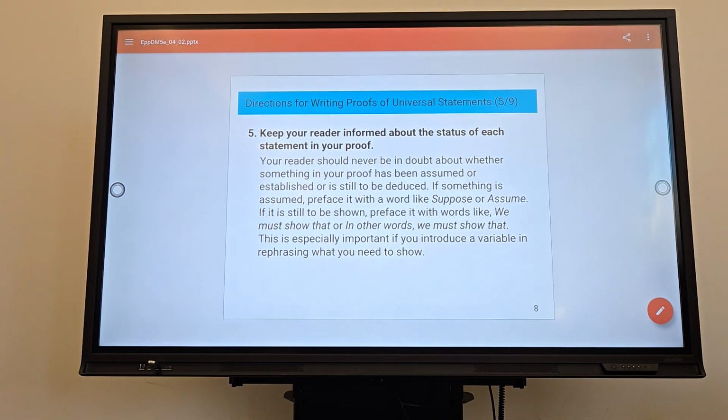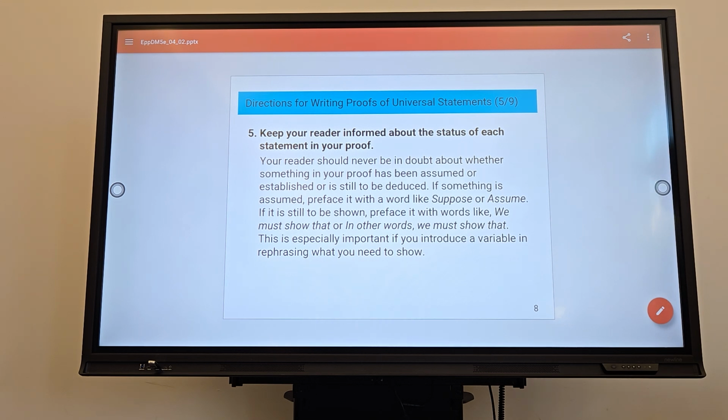Keep your reader informed about the status of each statement in your proof. They should never be in doubt as to whether or not something in your proof has been assumed or established or is still to be deduced. If something is assumed, preface it with a word like suppose or assume.